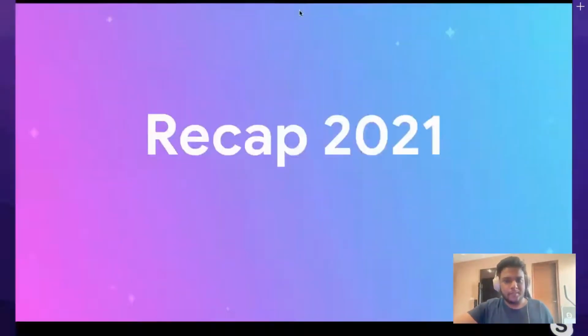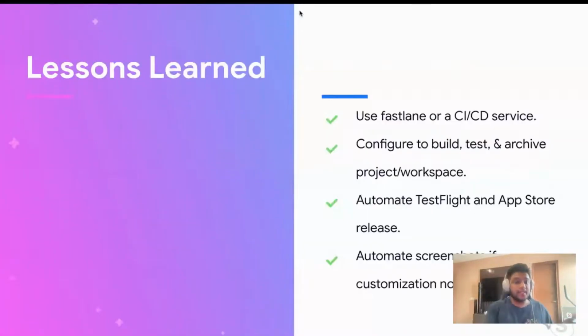So the second part of my talk is the lessons learned: you can use the Fastlane automation tool on your local machine, or if you want to have all this process on a remote server machine, you can have a CI/CD service in place. Then you can configure it to build, test, and archive the project, because as your project grows, the need for this grows as well.